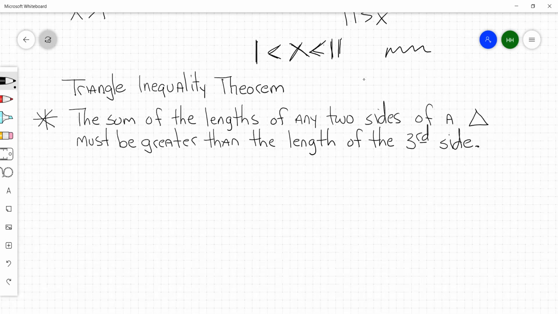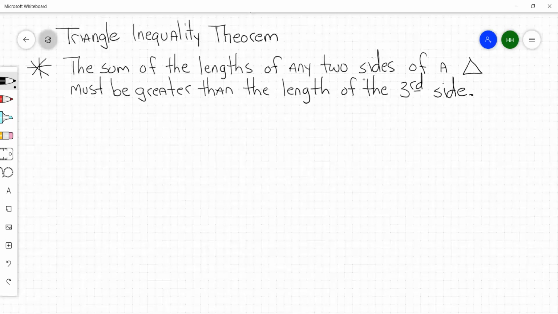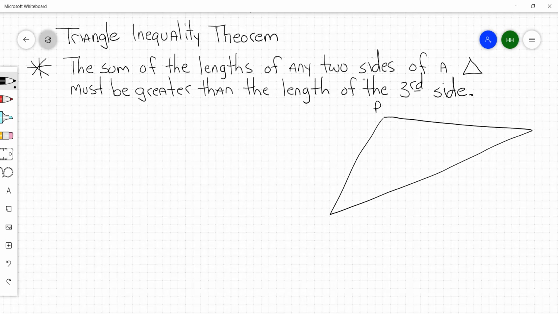So for this triangle, PQR, the theorem states that side PQ plus side QR must be greater than side PR.